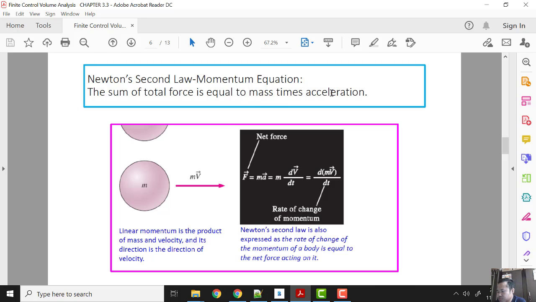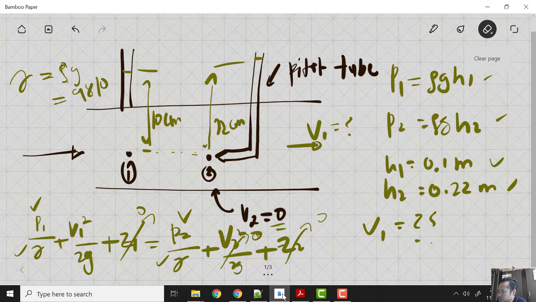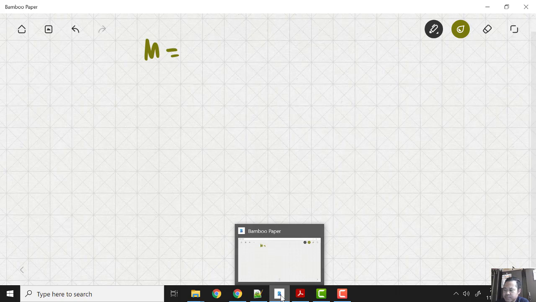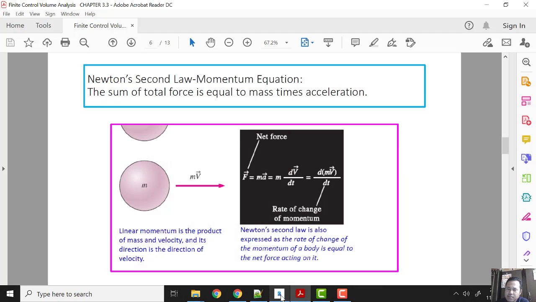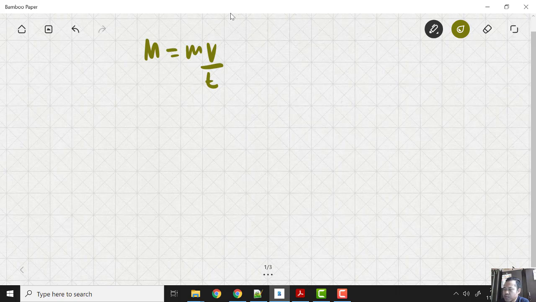Okay, what is momentum? Momentum is very simple. Let's say M is momentum: mass times velocity. Acceleration is velocity over time, or you can write it as a.